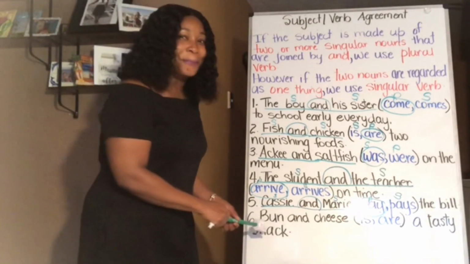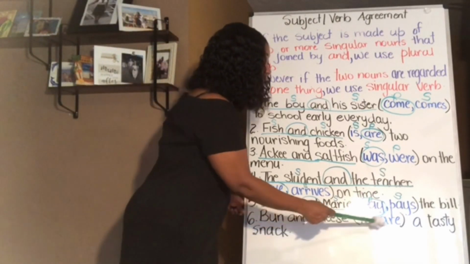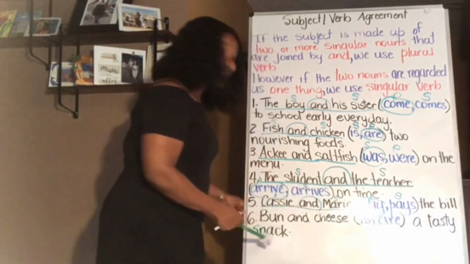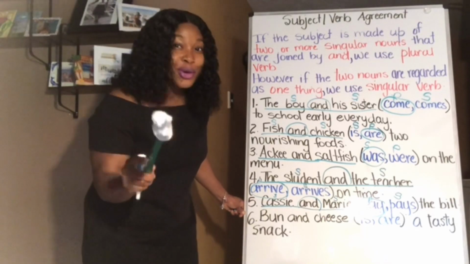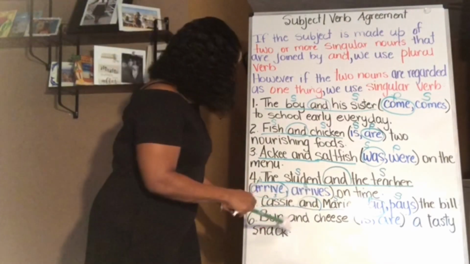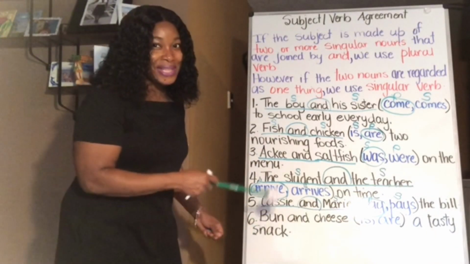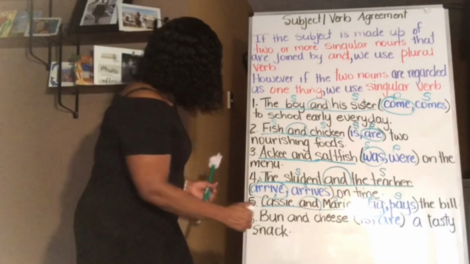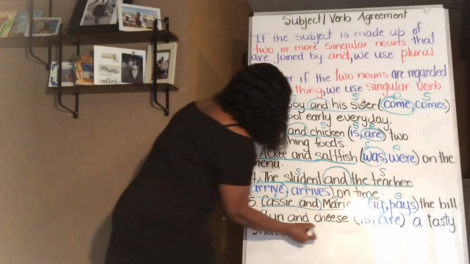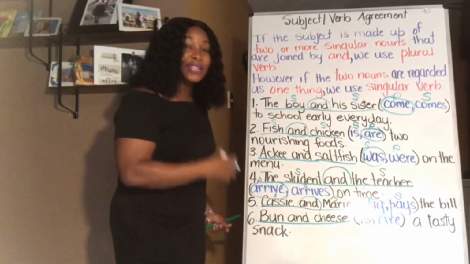Last one, bun and cheese are a tasty snack. And if you have ever had bun and cheese before, I'm sure you are agreeing with me that it is a tasty snack. You have one sandwich, you need another one. It's so tasty. All right. So, as I said before, sandwich, bun and cheese is regarded as one item.